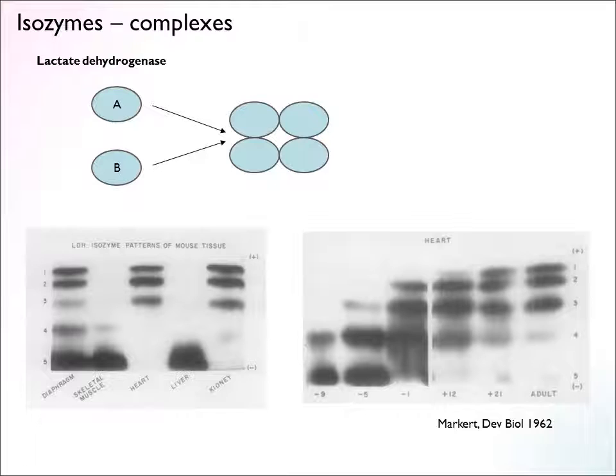And these differ by mass, so you can run them on various gels. And you can indeed see that there are differences in all of these five forms across tissues and across embryonic development. So this is highly regulated, obviously, and it is clear that you can generate a great variety of isozyme forms with perhaps different kinetic properties or different regulatory properties from distinct genes.